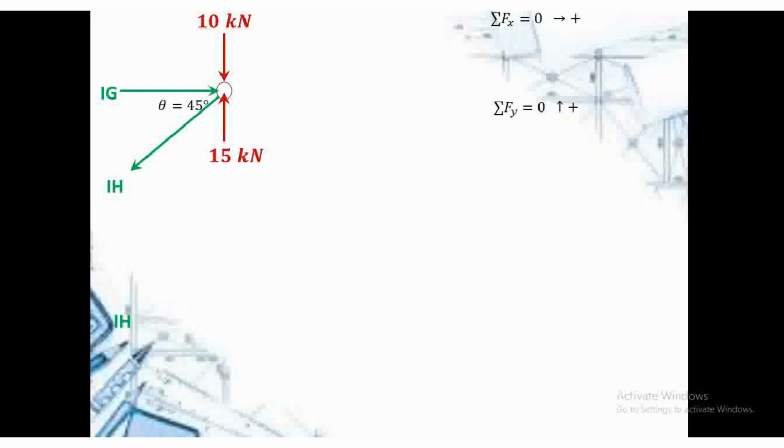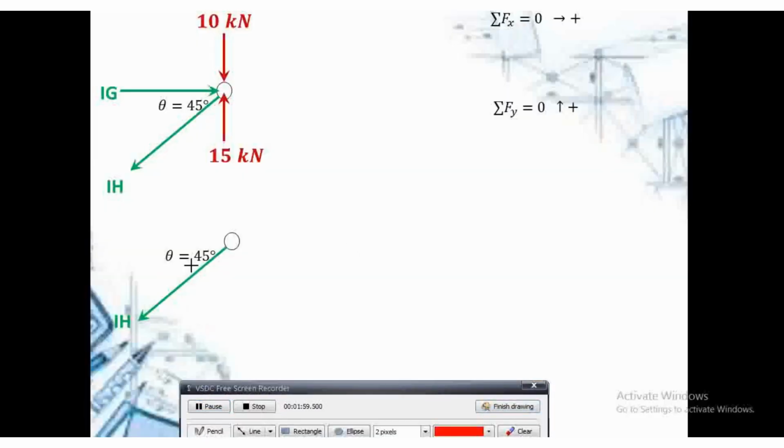Now, going back to your vectors, let's say I'm going to isolate IH, wherein IH has an angle of 45 degrees from the horizon. The basis of this 45 degrees is from the horizon. IH is inclined at a certain angle, 45 degrees.